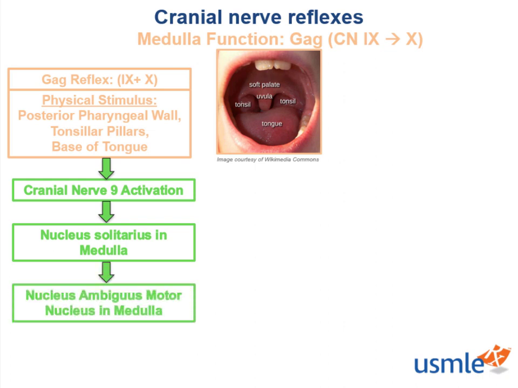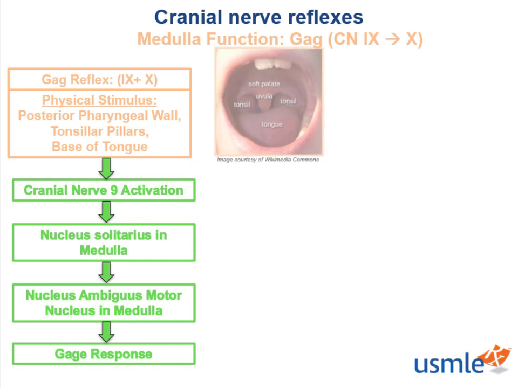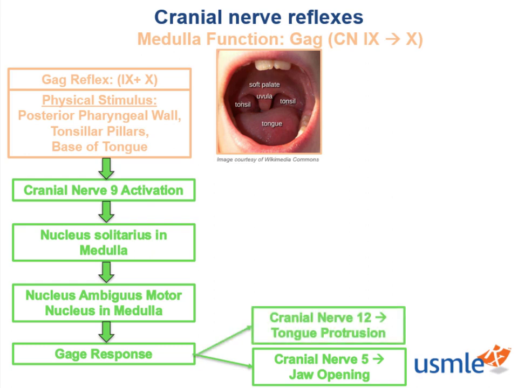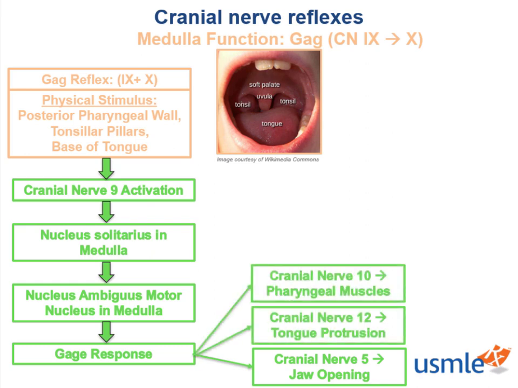Overall, the nucleus solitarius sends signals to the nucleus ambiguus, a motor nucleus in the medulla. This sets in motion the gag response, which involves coordinating cranial nerve 5 to open the jaw, cranial nerve 12 for tongue protrusion, and cranial nerve 10 to cause the pharyngeal muscles to contract.